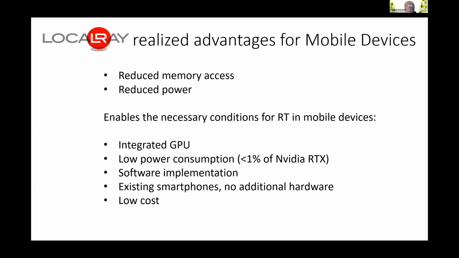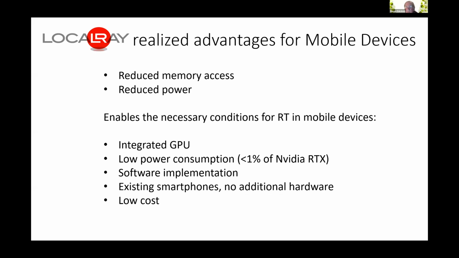So what are the advantages? Our advantages for mobile devices: as I said before, we have reduced memory access and we have reduced power. These two enable the next. We enable integrated GPU. We enable low power consumption. Our consumption is less than 1% of NVIDIA RTX consumption.